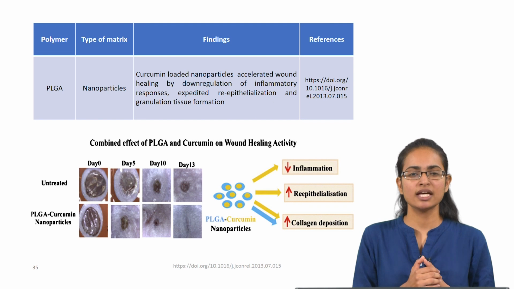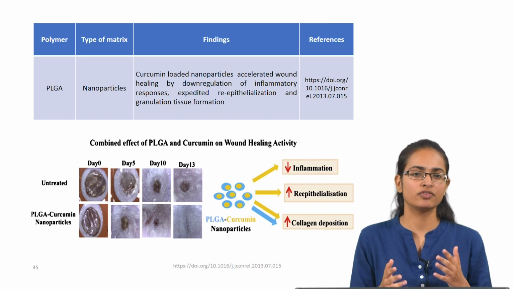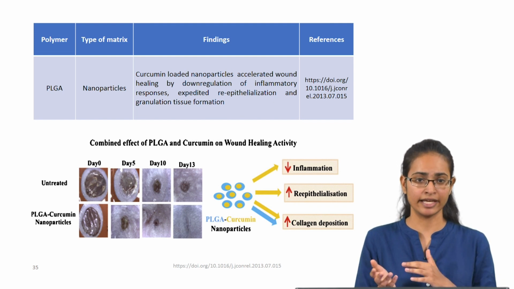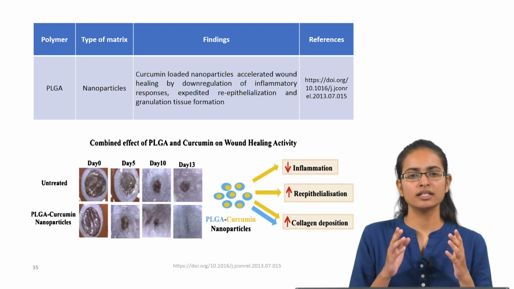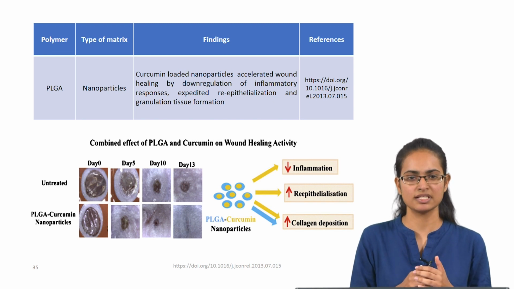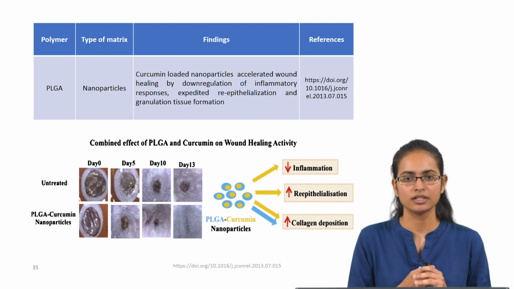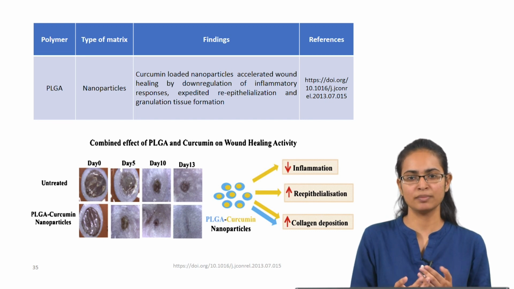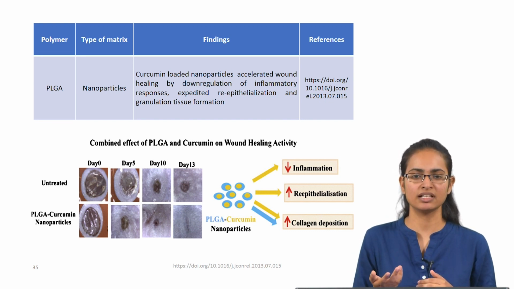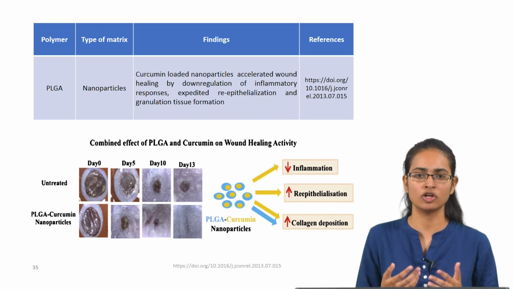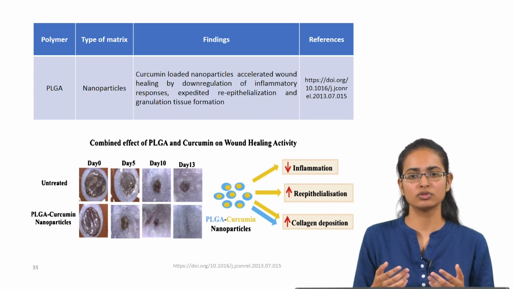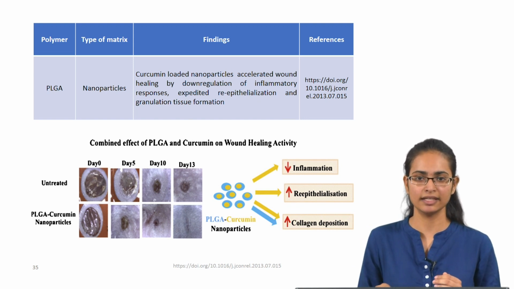PLGA is a copolymer of lactic acid and glycolic acid. In this example they have synthesized nanoparticles and loaded curcumin, a bioactive agent. They observed reduced inflammation, increased reepithelialization, and increased collagen deposition, which are very important for wound healing.